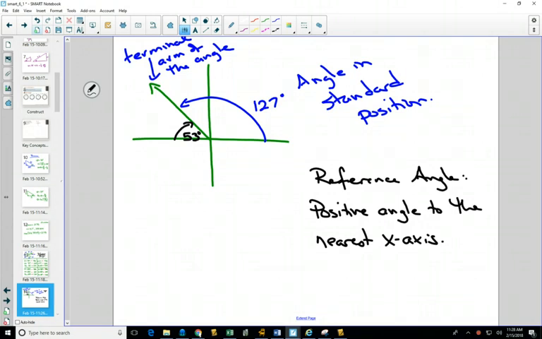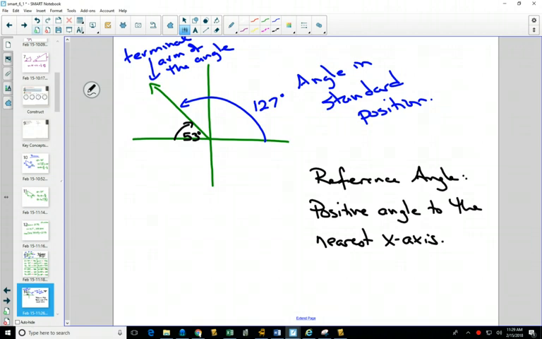But that doesn't explain why it is that I got the same answers for tan of 127 as I get when I do tan of 53. Why does that happen? Why are reference angles so important?